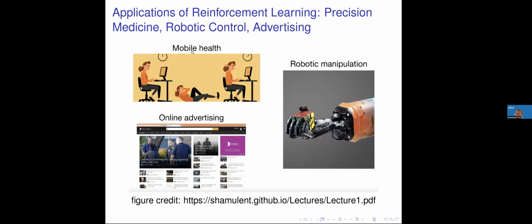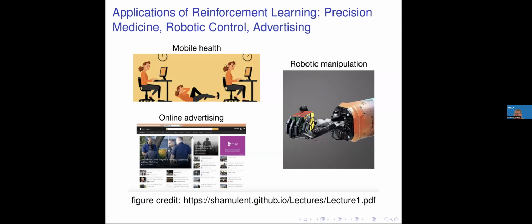The cell phone can monitor the health condition of each person, and it may recommend the person to take some exercise or some medicine. So this is called precision medicine or mobile health. Another application is robotic control. For example, there's a robot arm, and we want to train the robot arm to accomplish some task, for example, moving some stuff or doing some surgery, right?